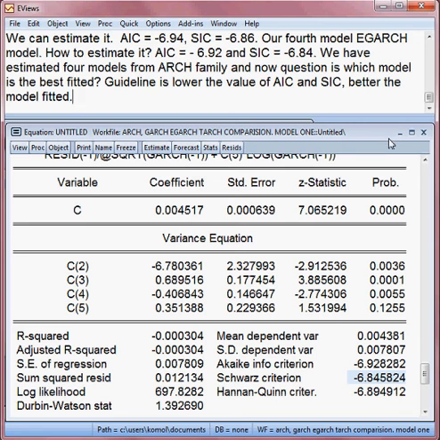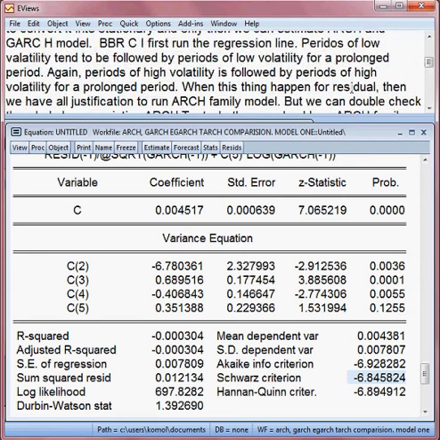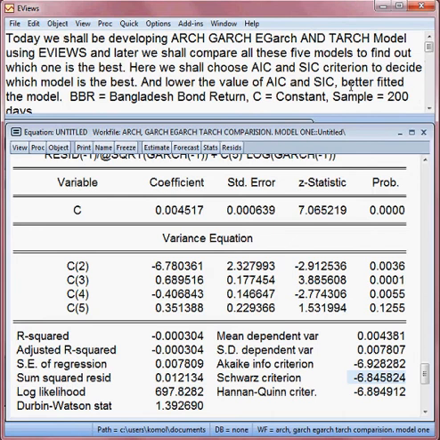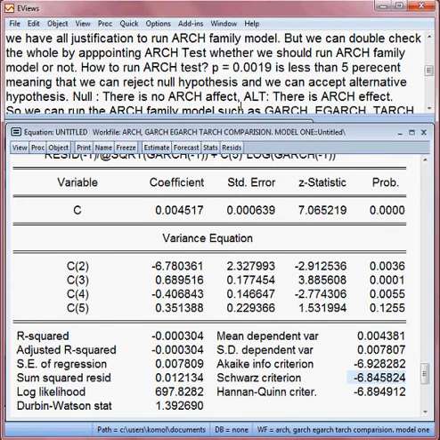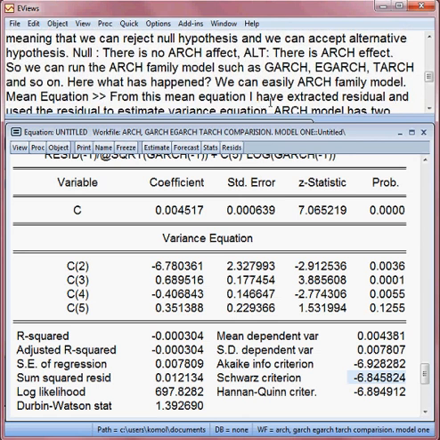Then out of 4 models, first I talk about the first model.